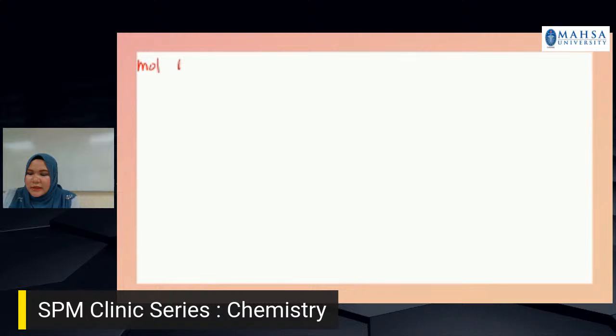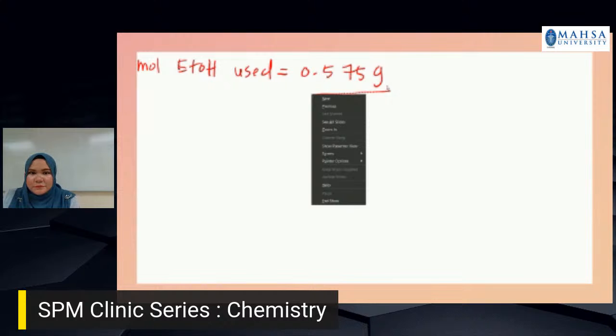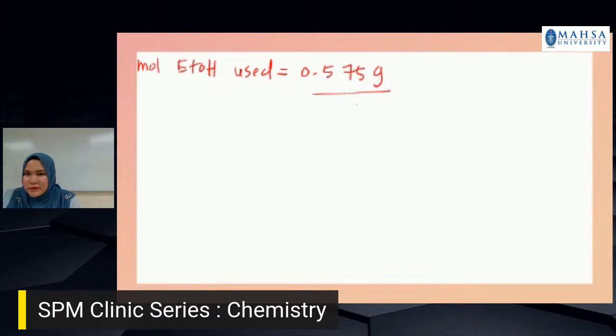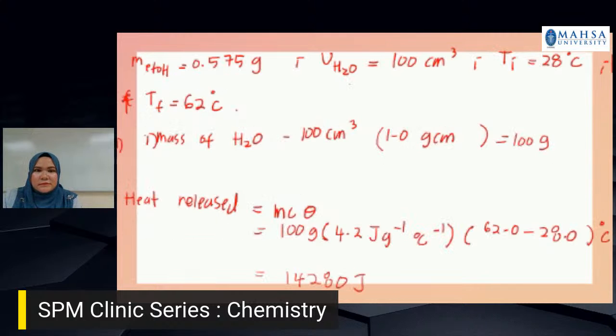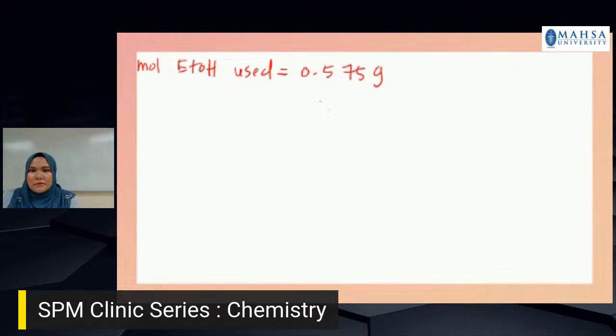So mole of ethanol used equal to 0.575 gram, which is the mass of ethanol, divided by the molecular weight for your ethanol, which is 46, divided by 46 gram mole minus 1. It will give you 0.0125 mole.